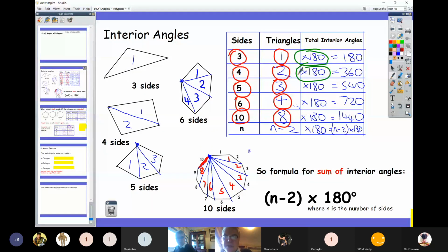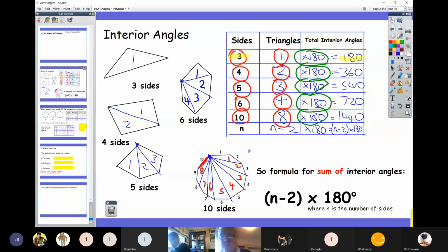Okay, so what we do is take the number of triangles and multiply that by 180. And that gives us the total of the angles inside the shape. So not each of them, but the total of the interior angles. So we know for a 3-sided shape, the angles add up to 180. Yeah, of course they do, that's a triangle.